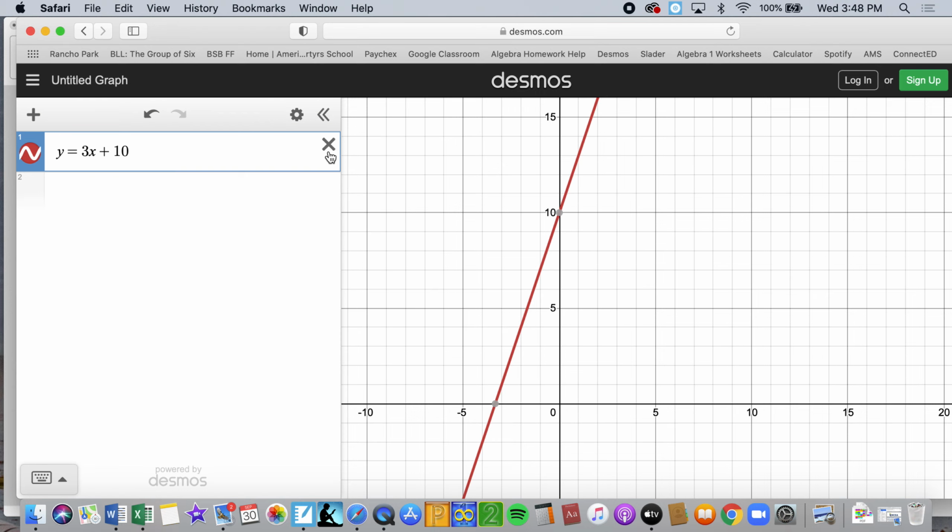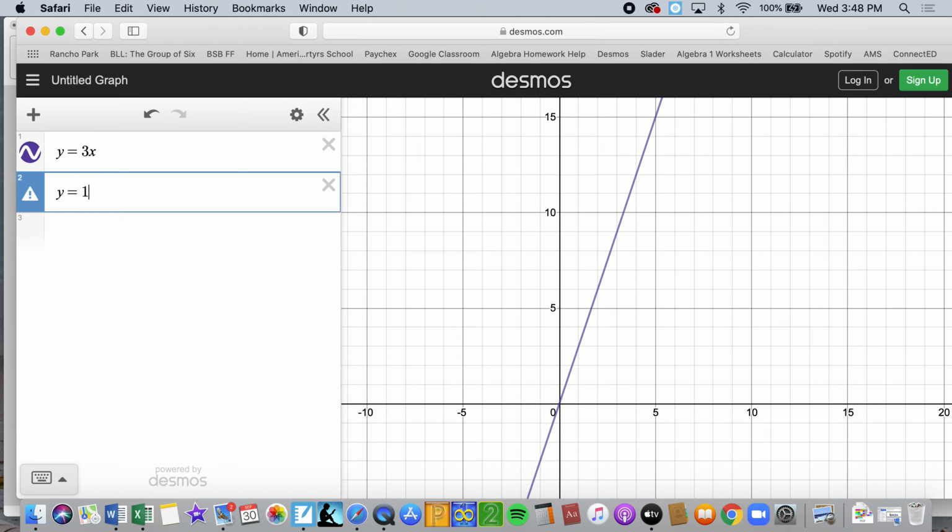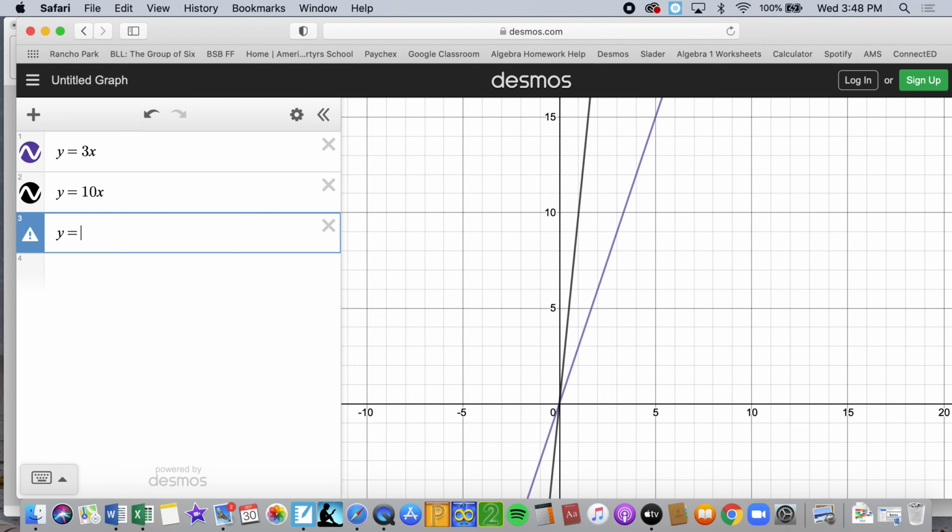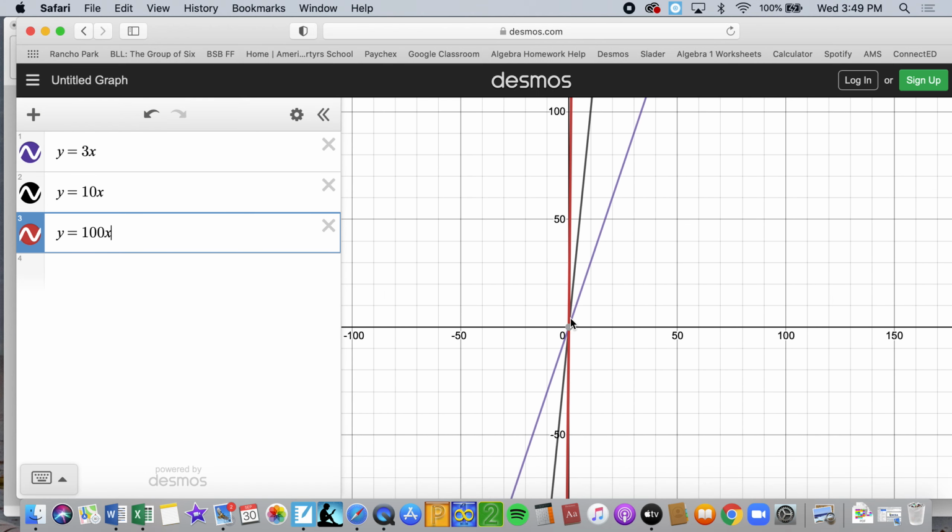Now we can get a little crazy here and we can do different slopes. So 3x, that means it's going up 3, right 1. What if I have y equals 10x? Notice how much steeper it is because it's going up 10 before it moves its 1. This only goes up 3 and moves right 1. So anything with a steeper numerator, 10, what if we had y equals 100x? That slope would have to go up 100 before it goes to the right 1.